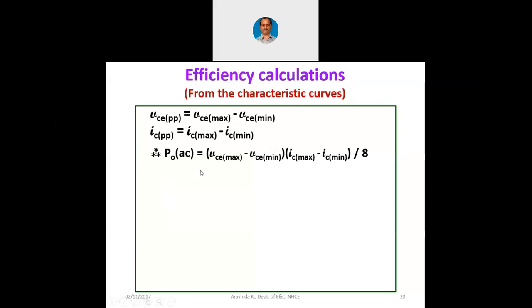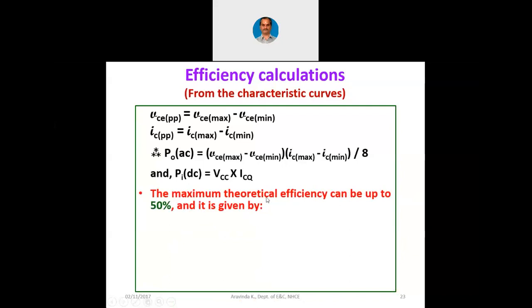Now to continue, the output power in terms of AC for this transformer coupled amplifier is VCE max minus VCE min into IC max minus IC min divided by 8. And input DC power is what? VCC into ICQ. As I told you, it is the DC power supplied, VCC itself. It is not VCEQ in this case. And we already have the quiescent current for the circuit. So it is VCC into ICQ.